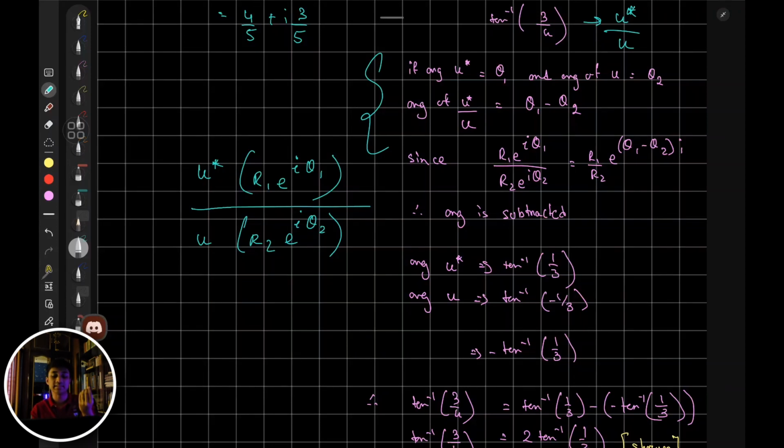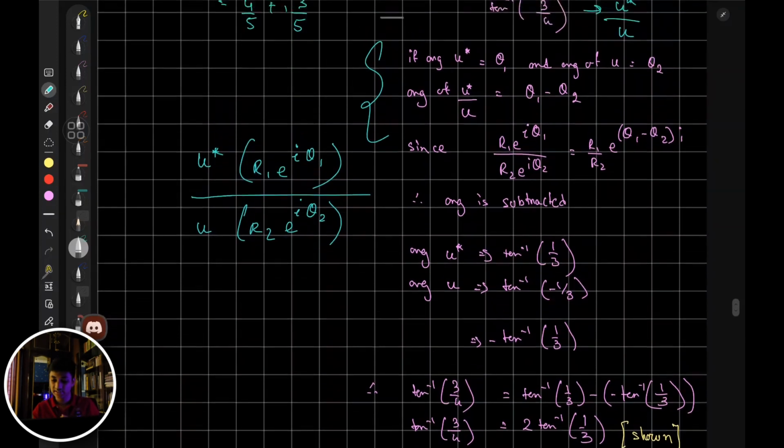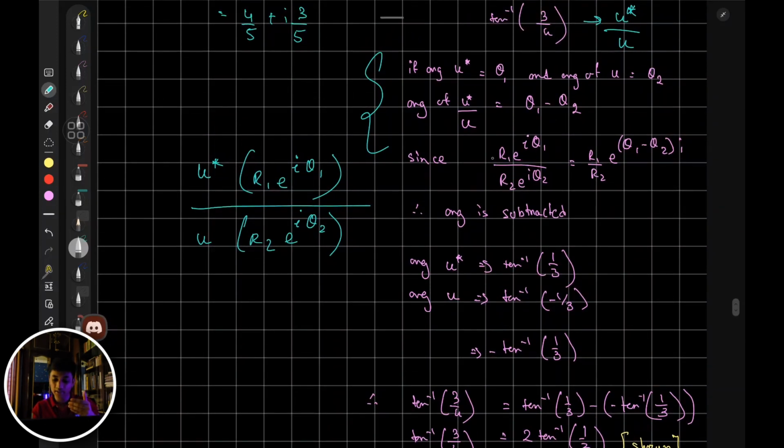You use the indices formula, and you will see that when simplifying, r1 and r2 stay as they are, and then you get e to the power of theta 1 minus theta 2 multiplied with i. So why is that happening? Because if you have powers in the numerator and denominator, you subtract those powers to get the answer.